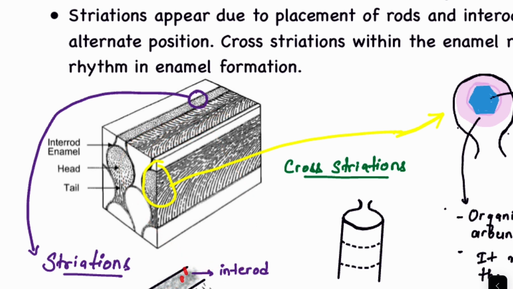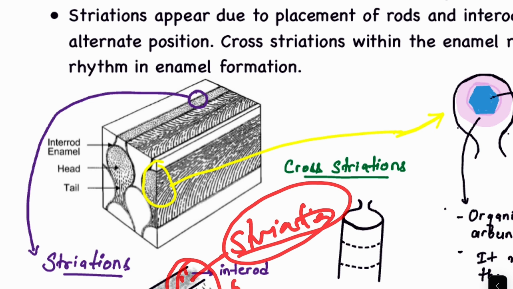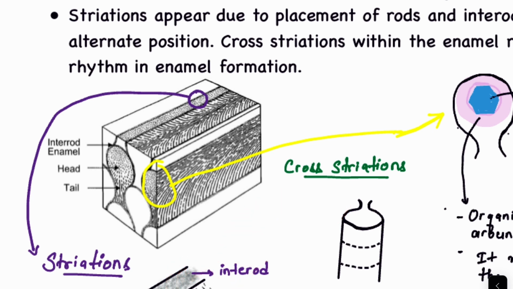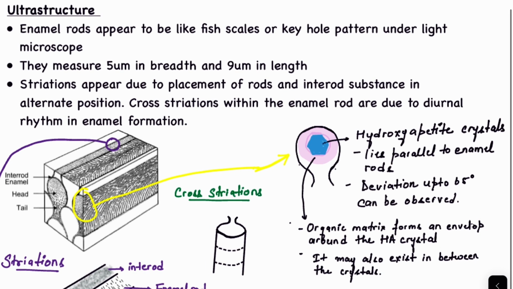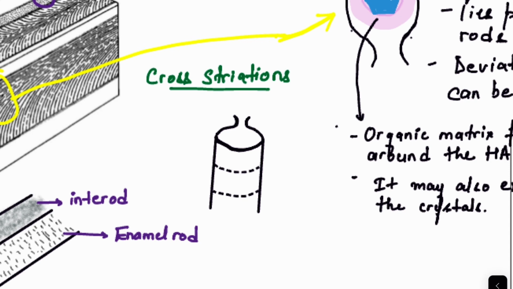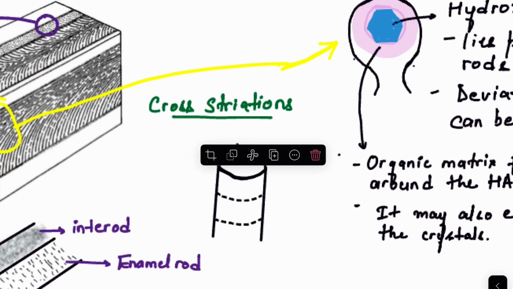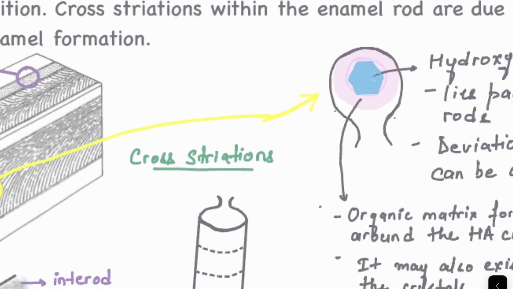These two different substances give rise to striations. So striations appear in the ultrastructure of enamel. I just wrote that striations appear due to placement of rod and interrod substance in alternate positions. Now there is one more type of striation, that is cross striations.